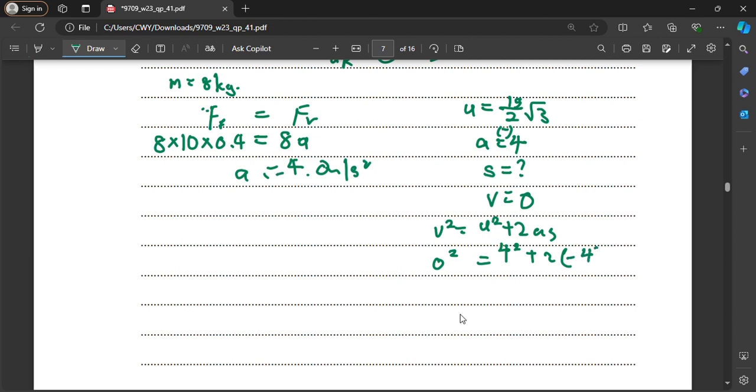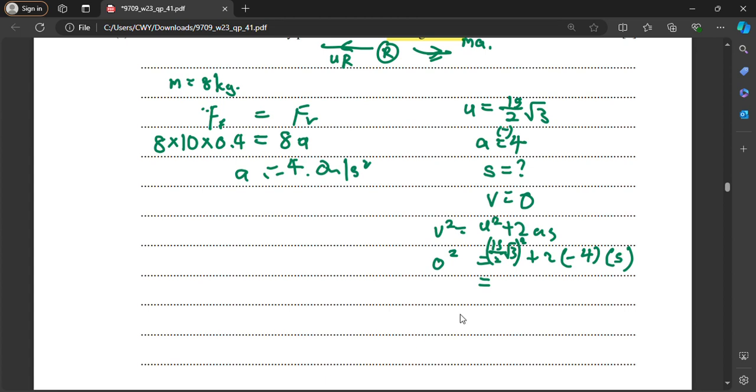So 0 equals (15 over 2 root 3) squared minus 8s. 15 over 2 root 3 squared is 675 over 4, so 8s is equal to 675 over 4.